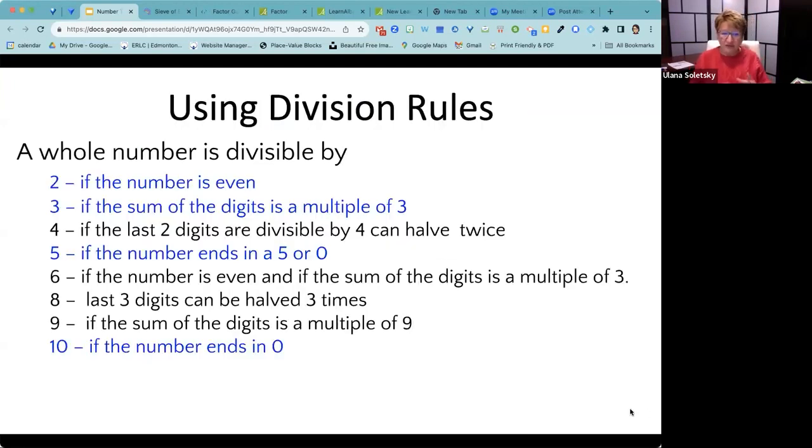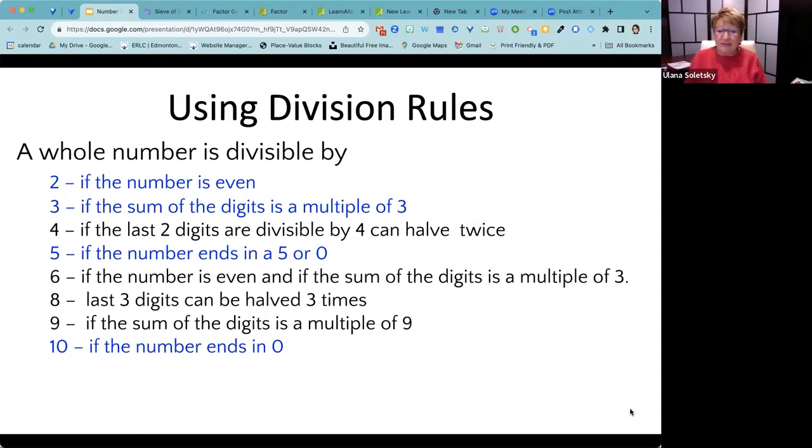So the ones in blue are the only ones that you really need to know for grade 5. But I'm going to tell you, you need to know these for grade 6. It's not written in any of our outcomes, but in order to do your prime factorization and to do divisibility, you need to know these divisibility rules anyway.